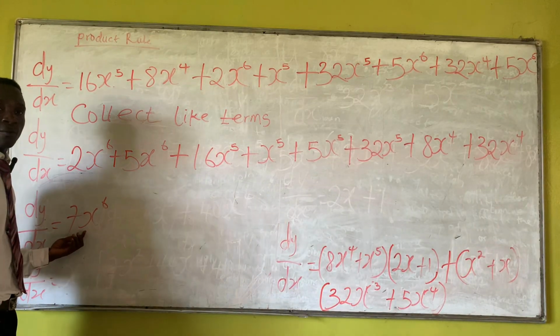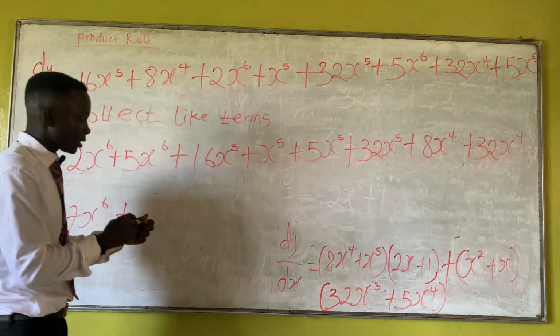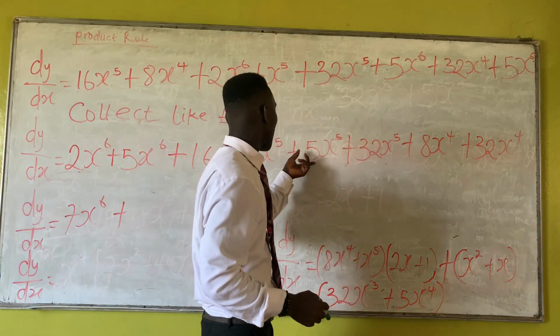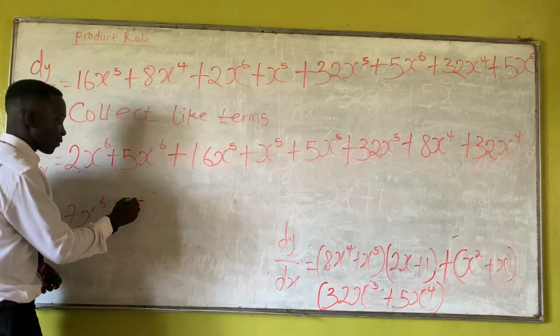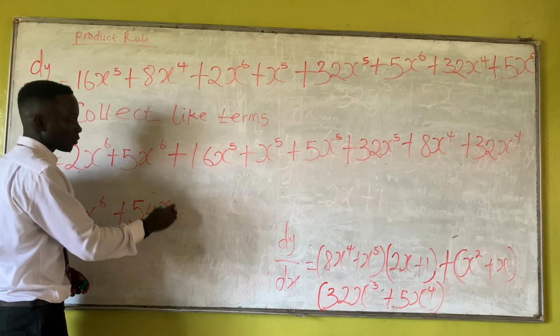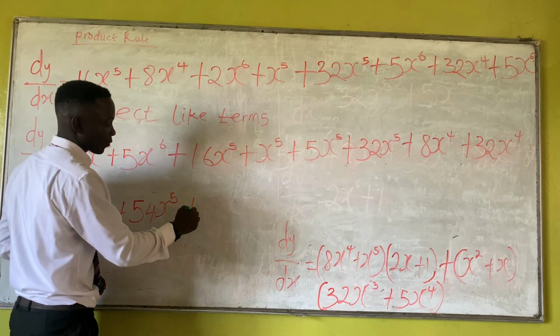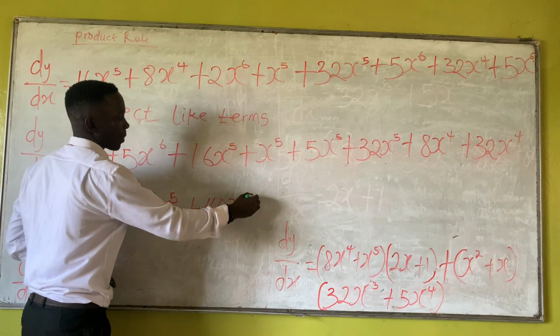Add them together, you have 7x raised to power 6 plus 16x plus 1 is 17, plus 5 will give us 22, 22 plus 32 will give us 54x raised to the power of 5 plus 8 plus 32 gives 40x raised to the power of 4.